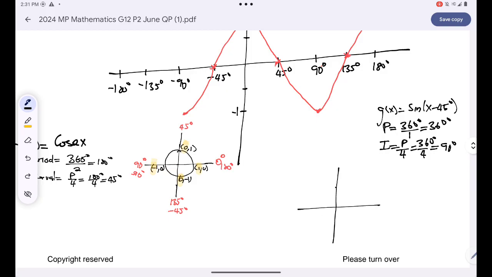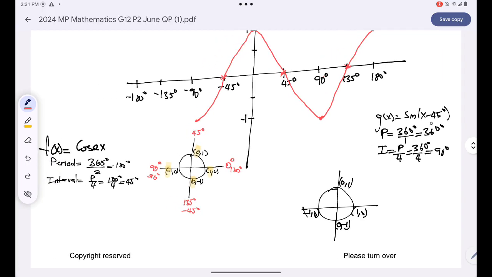My unit circle, right? I'll have 1 and 0, 0 and 1, negative 1 and 0, 0 and negative 1. So now, guys, for my graph, the graph has been shifted 45 units to the right. So this simply means that the starting point is no longer at the origin, but the starting point is when x is equal to 45 degrees.